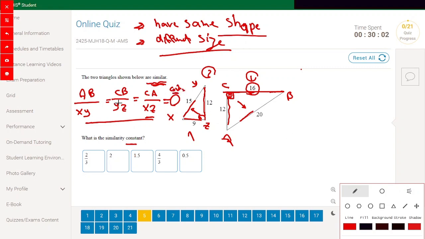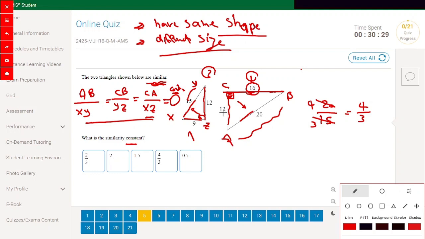So let's substitute the values here. I have AB divided by XY, which is 20 divided by 15. Let's simplify it: divide by 5, 3 and 4, so it equals 4 over 3.